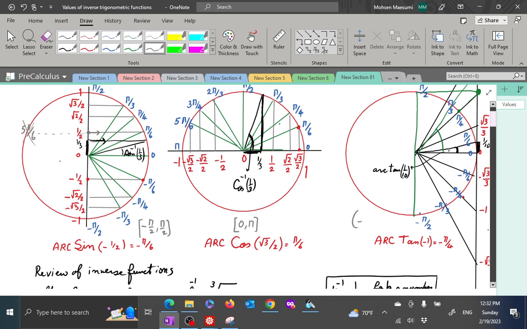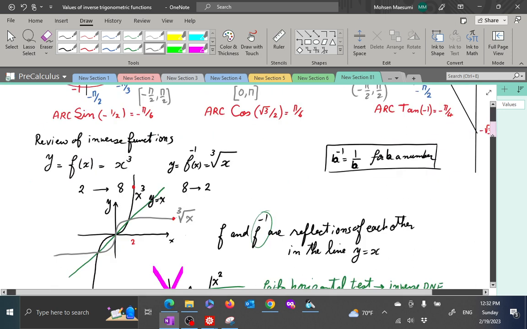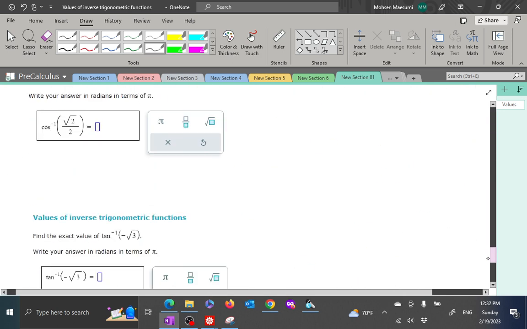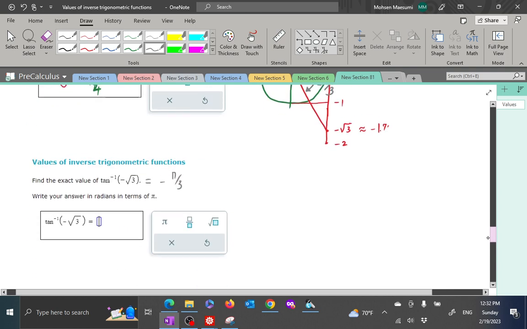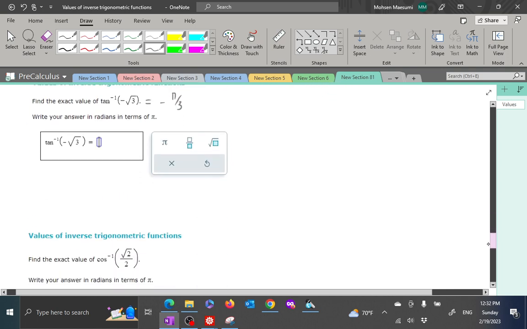Arctangent is going to go from minus pi over 2 to pi over 2. The two ends are not included because at those points tangent becomes infinity. Okay, so that is minus radical 3.